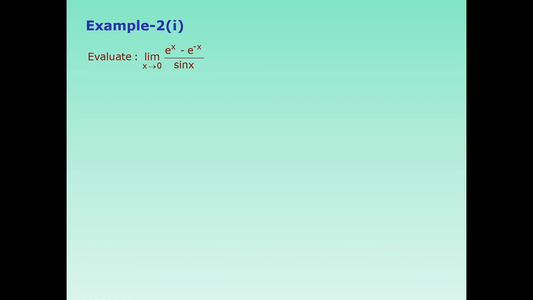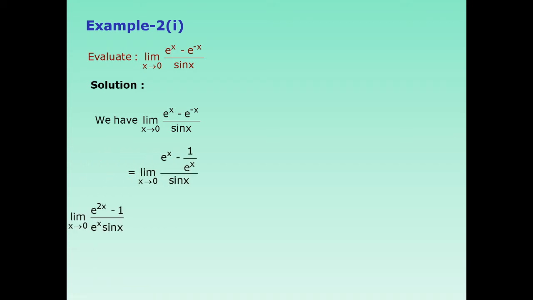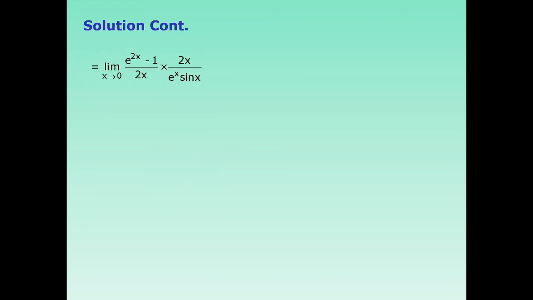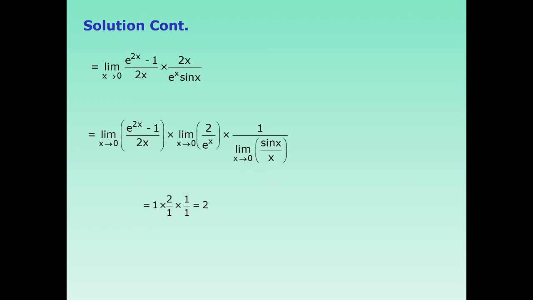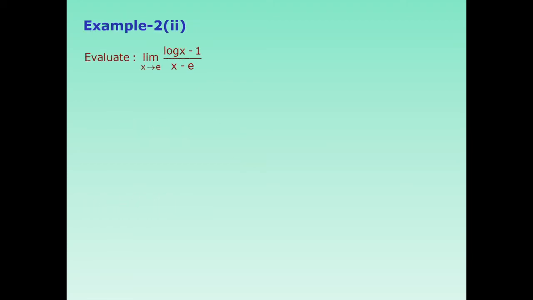Now see, this is the problem. We'll try to use the identity here. Just use the basic: e raised to minus x is 1 by e to the power x. Now dividing numerator and denominator by x and use the suitable multiplicity. Limit is 2. Log x minus 1 upon x minus e.